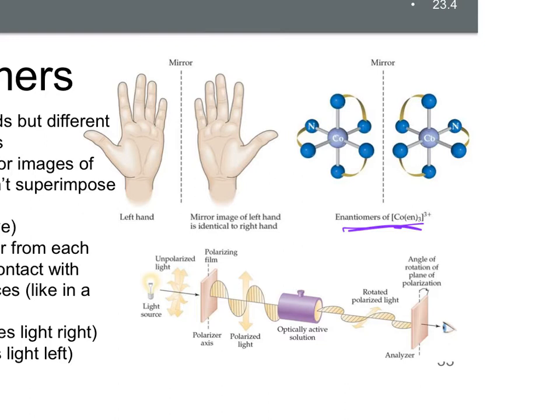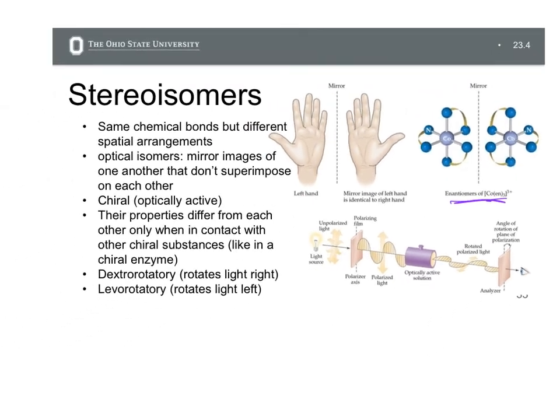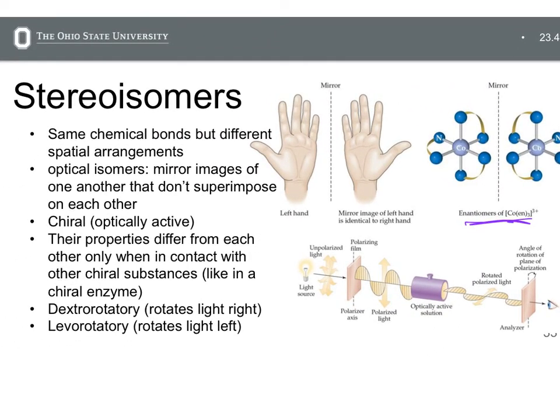Yes? So will this also apply to things like L and D DNA or something? Like, so you have 2, but one's not compatible with the other? Right. Yeah, so we give these different enantiomers the term dextrorotatory or levorotatory, and it refers to the way that they rotate light.